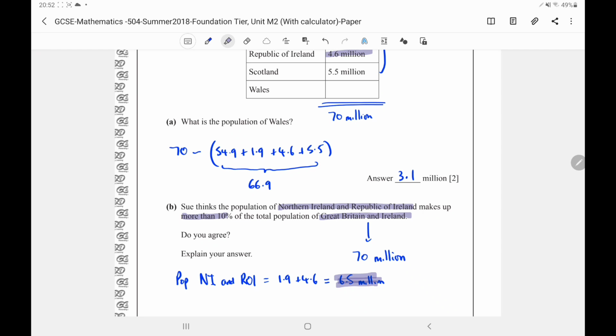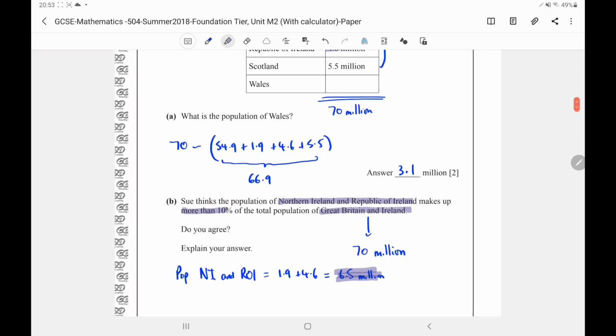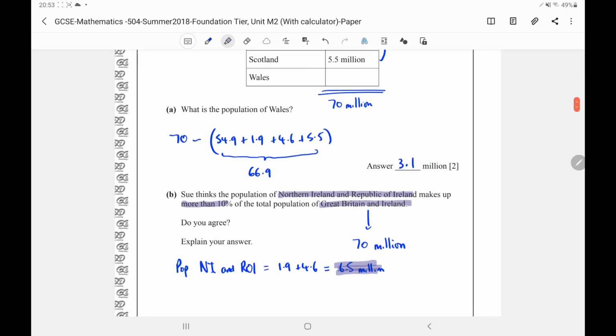Now, what is Sue saying? She is saying that the population of Northern Ireland and the Republic of Ireland makes up more than 10%. So she thinks that 6.5 million is more than 10%. So is 6.5 million more than 10% of 70 million?